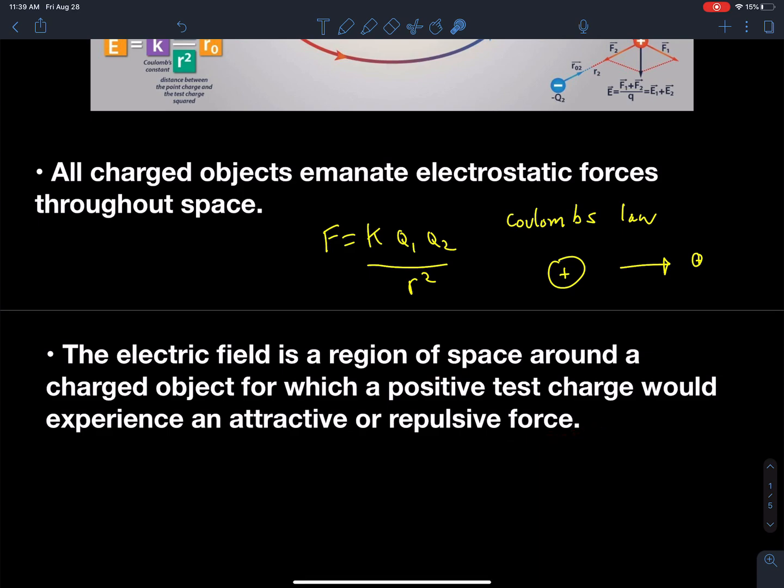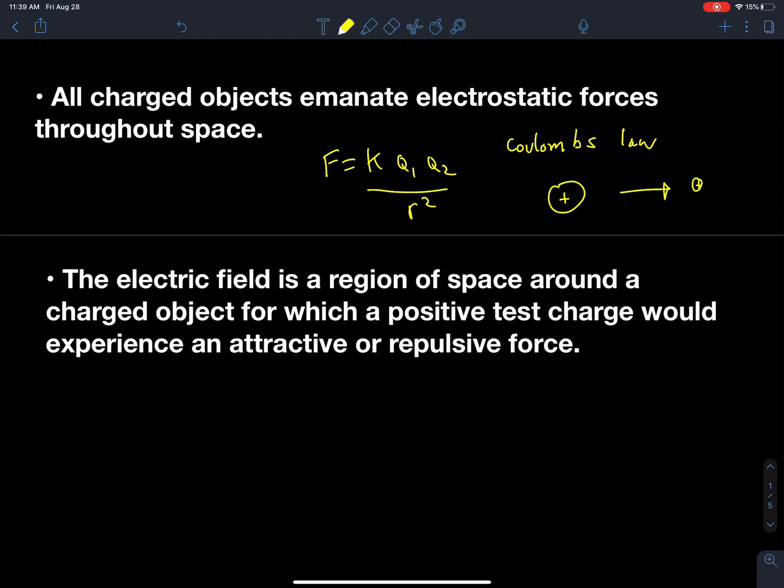The only way we can detect an electric field, so if I drew a box and we're somewhere deep in outer space, and I want to see, is there an electric field over there? What I would have to do is bring a small positive test charge and then press play on the simulation and see where that positive test charge goes. If it stays still and doesn't move, then I would say there is no electric field whatsoever.